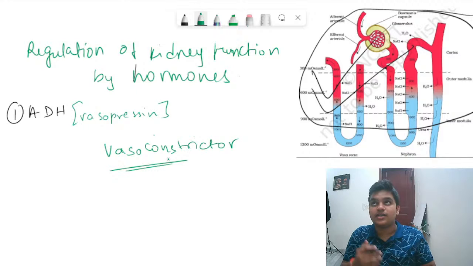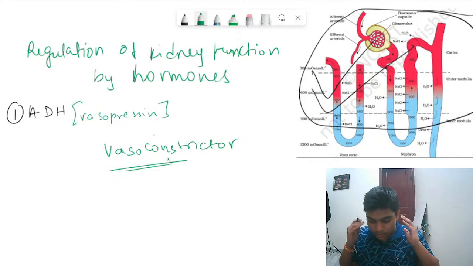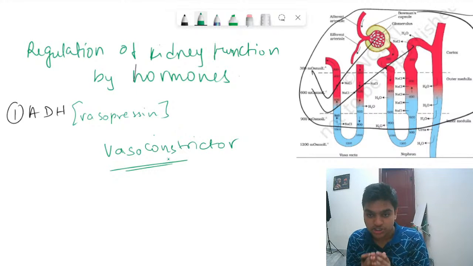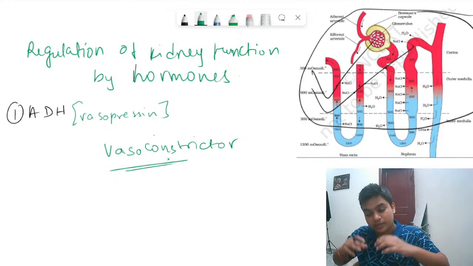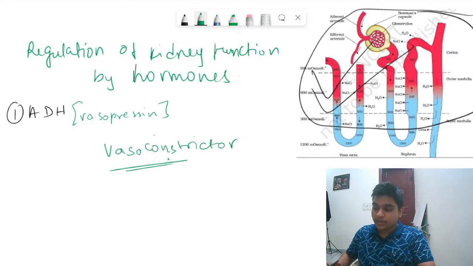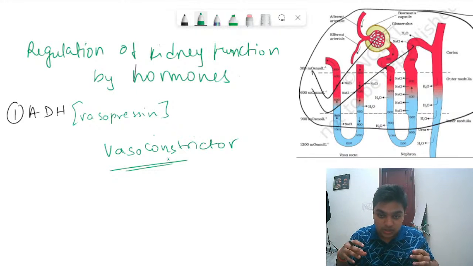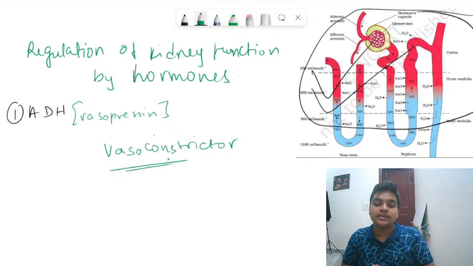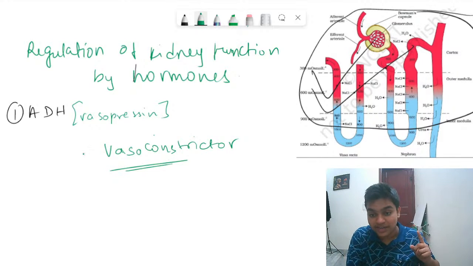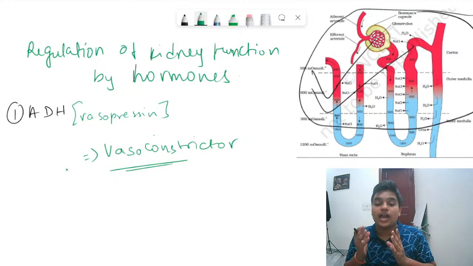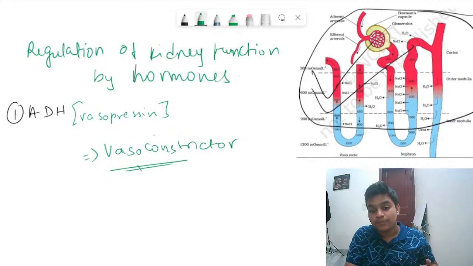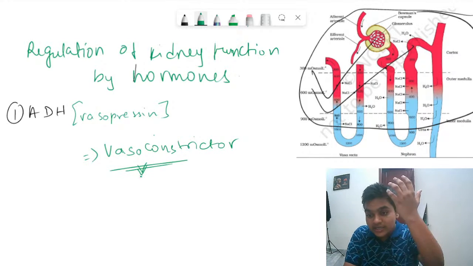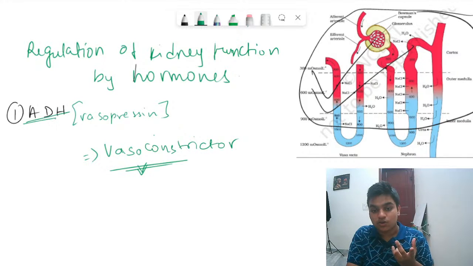Whenever the GFR, glomerular filtration rate, falls, and water is being excreted more through the urine, these osmoregulators send a message to the brain. ADH is secreted, and being a potent vasoconstrictor, it can constrict the blood vessels and facilitate more absorption of water, and it also facilitates the increase in the GFR.